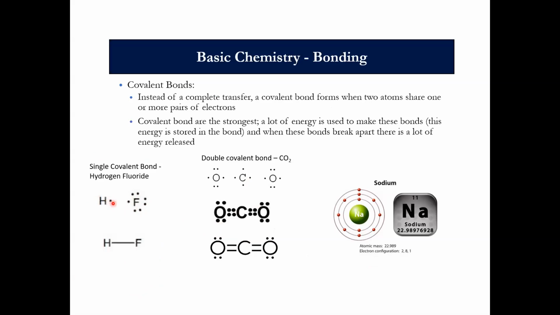This would form a nice covalent bond, but they're going to share them, and it's usually depicted by this line. Hydrogen is not going to give up its electron to fluorine, it's just going to share those electrons. They are sharing, not completely transferring their electron over.